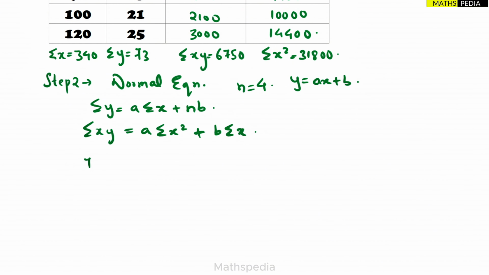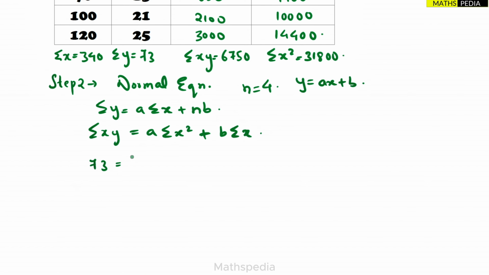Summation of y is 73, right? 73 is equal to a, which will remain as it is, and summation of x becomes 340, so 340a plus nb, that means 4b. Then summation of xy is 6750, equal to a into summation of x square, which is 31800, so 31800a plus 340b, right?